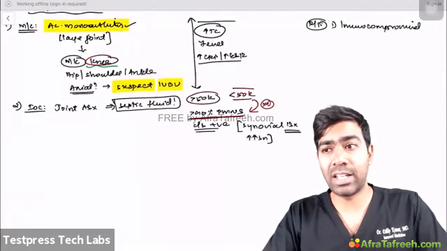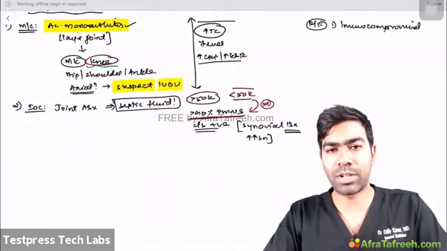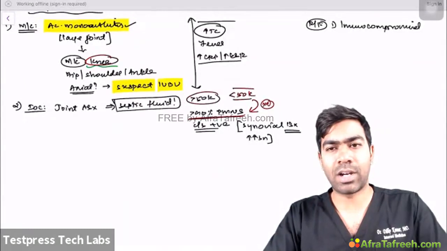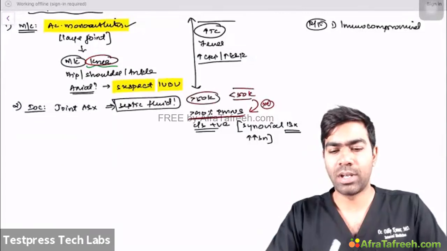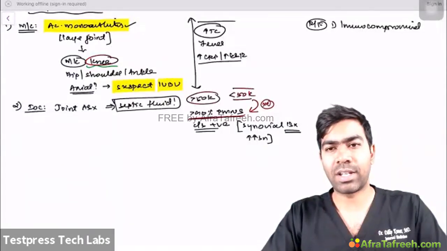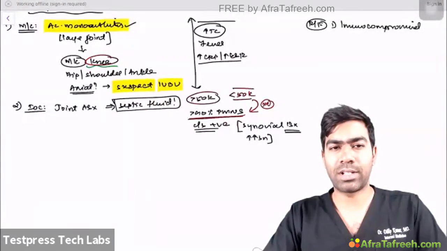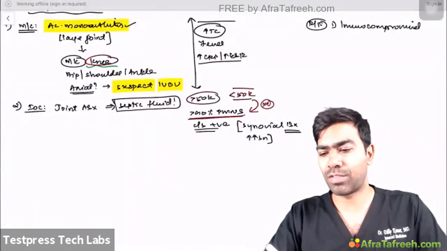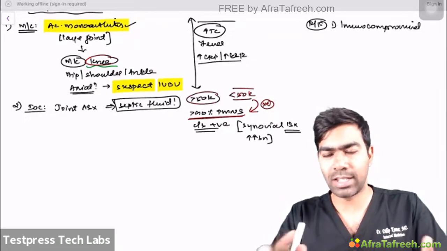So having a CTD and using an immunosuppressive drug, uncontrolled diabetes mellitus, suffering from a cancer and using chemotherapy, very elderly patients, age more than 75, HIV infection, or some other forms of immunosuppression like transplant individuals. So these are the patients who usually get this kind of septic arthritis.